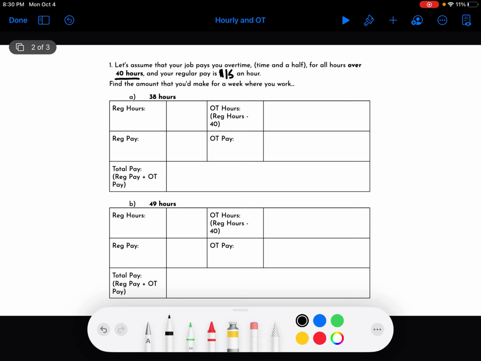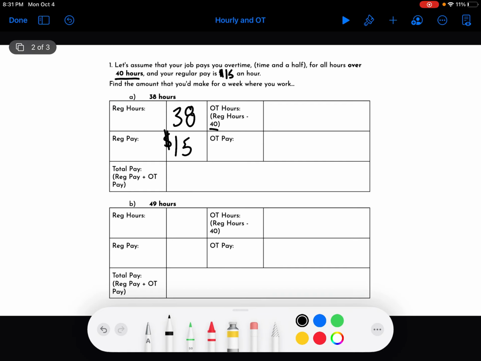So if we give this example, we have a work week where we're working 38 hours. Our regular hours are going to be 38. Our regular pay, we know, is $15 per hour. We don't have any overtime because we haven't worked over 40 hours, so we can't have any overtime pay because we don't have any extra hours.